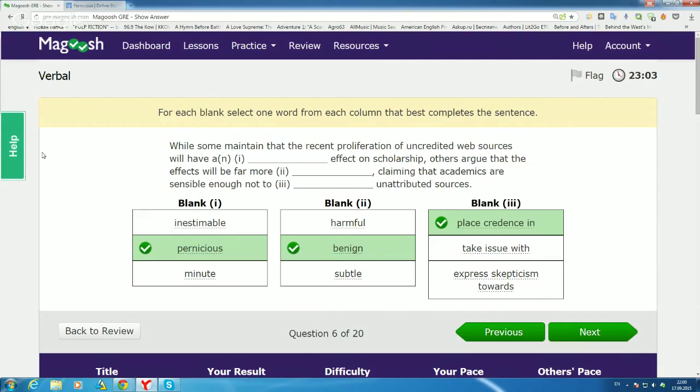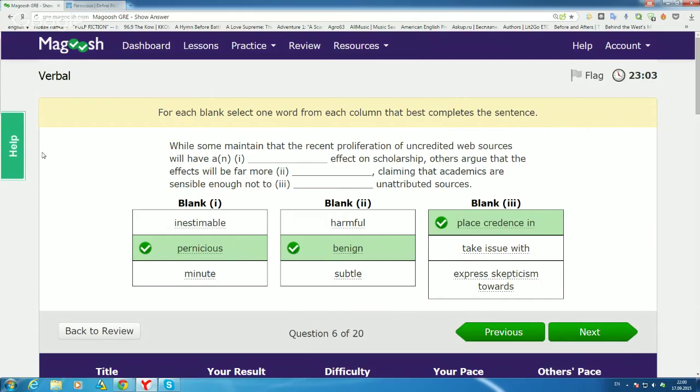Others argue that the effects will be far more harmless. Good, good. Saying that the researchers are sensible enough... What does sensible mean?